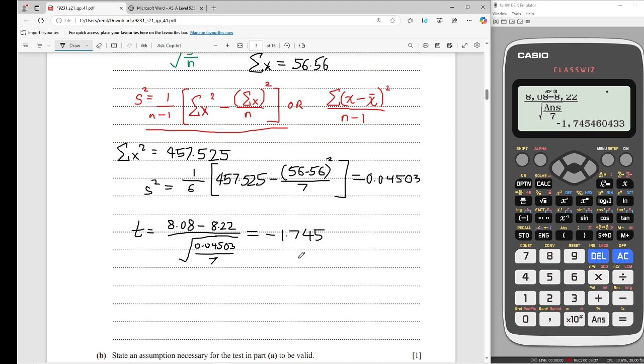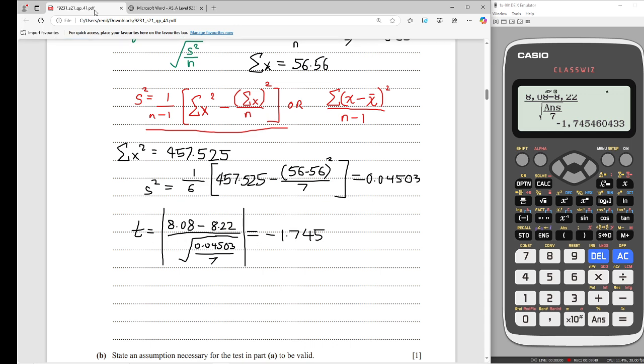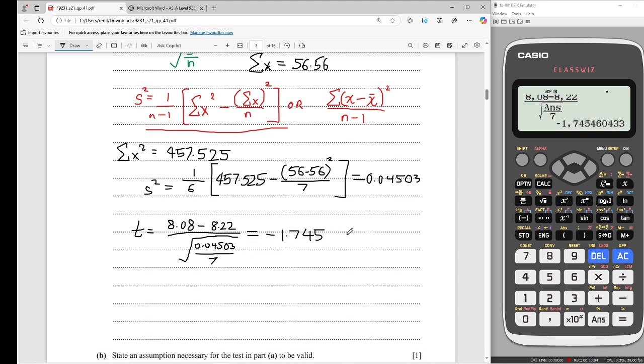Okay, so whenever we have a t distribution test and we get a negative test statistic value, just remember that we convert it to positive. We look at the absolute value, because some test statistic formulas can be written as the absolute value of this. So in reality it is the absolute value of this, but we don't specify that in the formula itself. We don't put the absolute value when considering the formula, and then we convert this to positive.